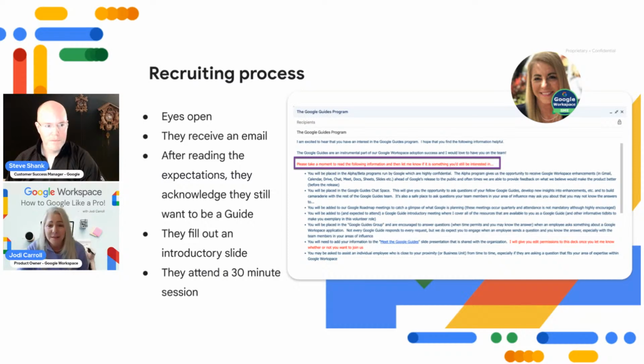But it basically sets out the expectations that they should expect to be part of the program. But I also tell them, there's going to be times when you're going to have bandwidth, and there's going to be times when you don't have bandwidth. Just join the team, be a part of it, get to know the enhancements. And then even if you're just, again, I mentioned this earlier, just telling the person beside you, that person will tell somebody. It's like the best marketing campaign ever.